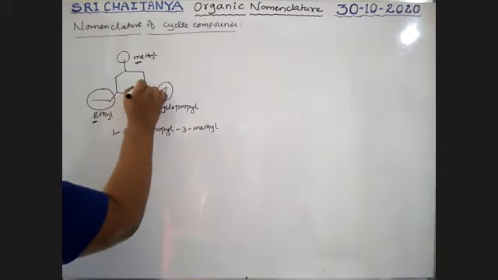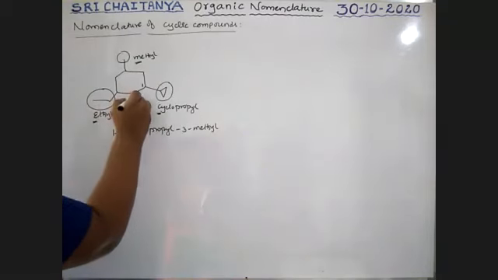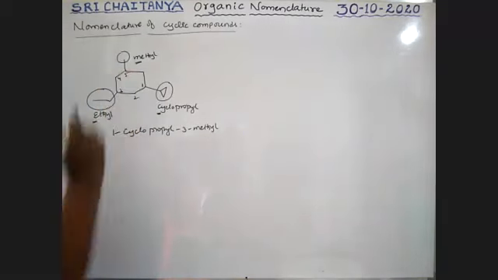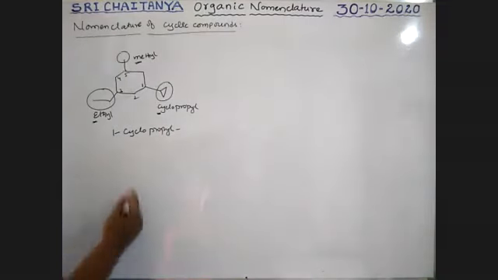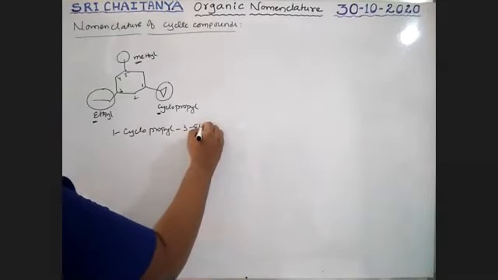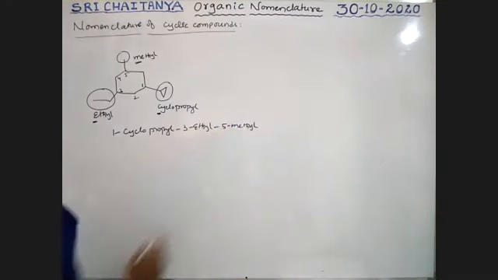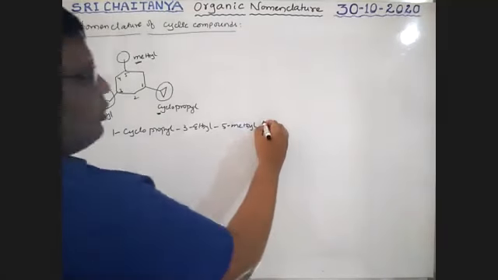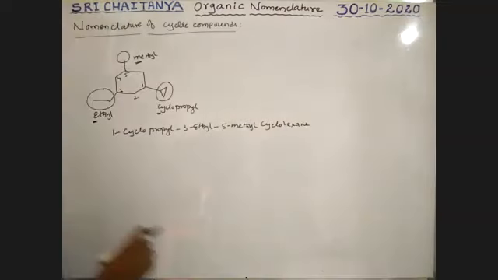No doubt, it is 1. The second substituent is ethyl. E comes first: 2, 3, 4, 5. Okay. So therefore, 3-ethyl, 5-methyl, cyclohexane.